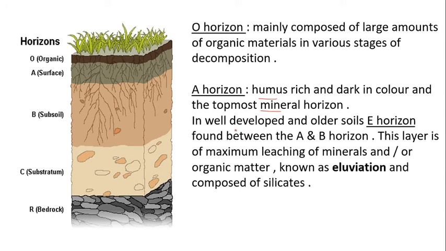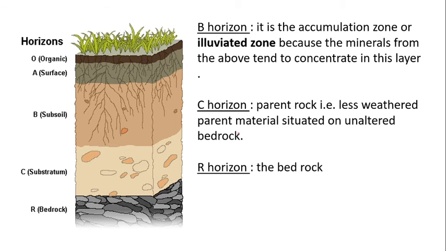In well developed and older soils, one extra horizon, that is E horizon, is found between the A and B horizon. This layer is also called the eluviated zone or eluviated layer, and it is composed mainly of silicates. This layer shows maximum leaching of minerals and or organic materials. Next is B horizon.